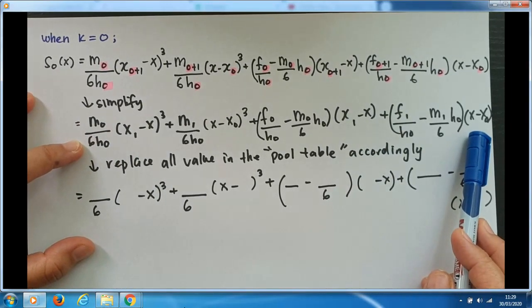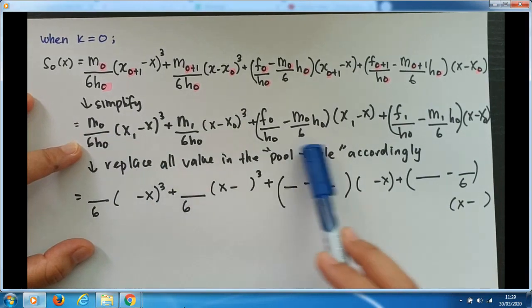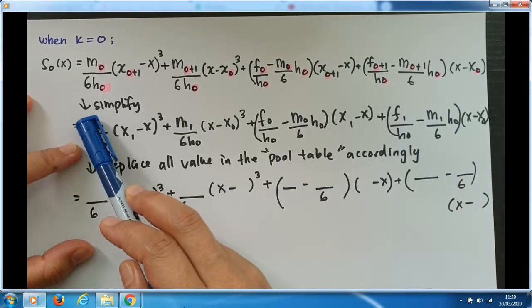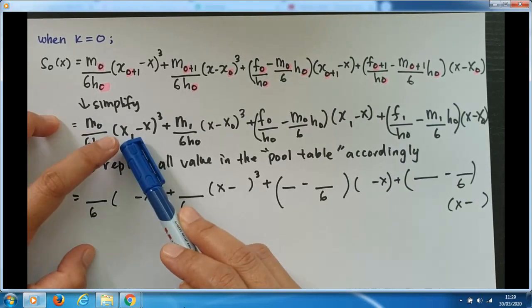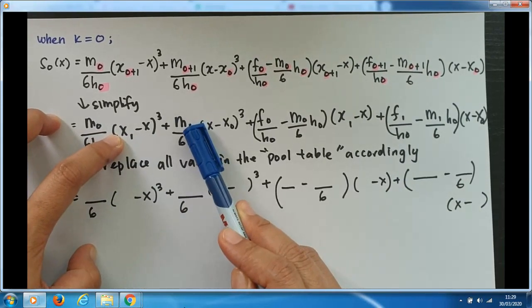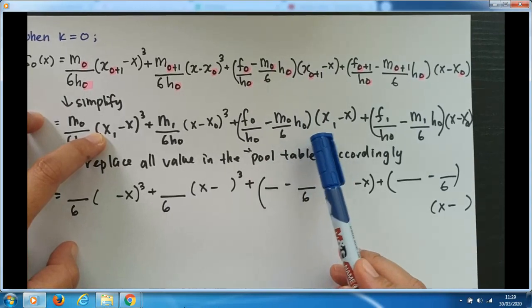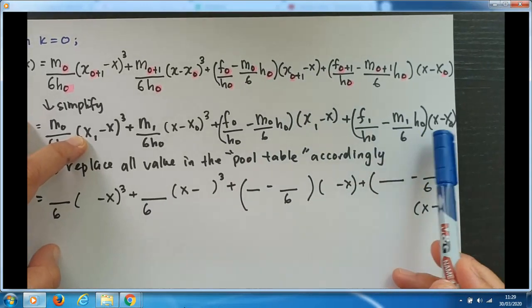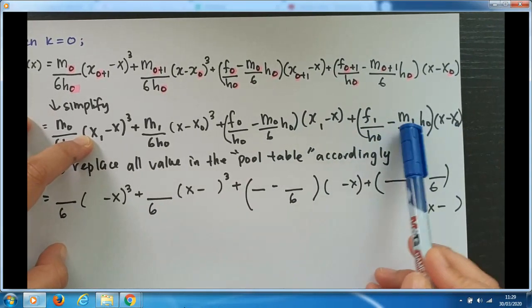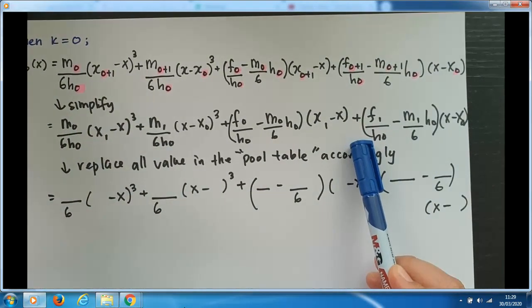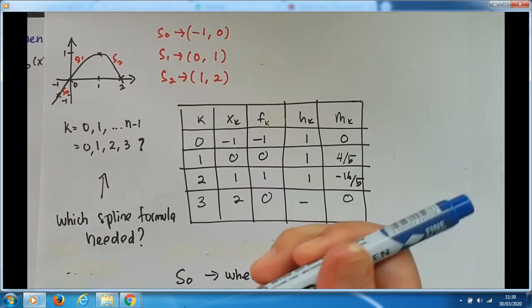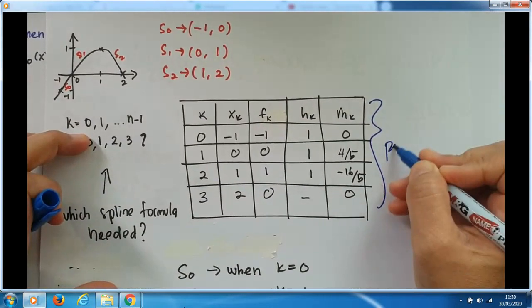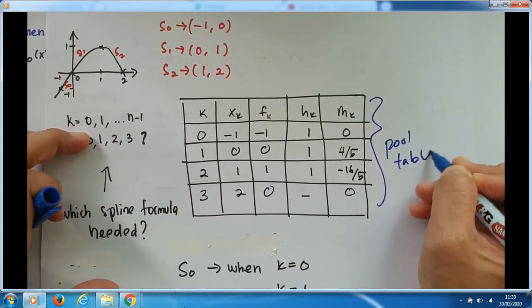Okay, so daripada this simplified formula, all the values for M0, H0, X1, M1, what else do you have? All the unknown values, which you have actually in this table, this is your table.